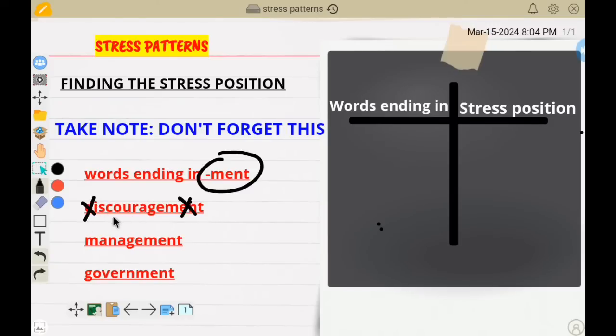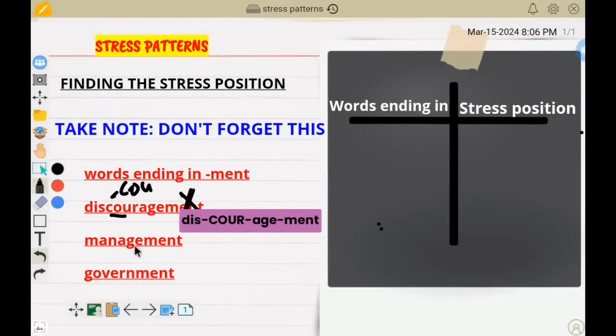So the word that you have is courage, and courage is a noun. And how do you stress nouns that are disyllabic? Courage is two syllables, so the stress will be on the first syllable. So this cou part will be the stressed syllable. So the answer will look exactly like this.